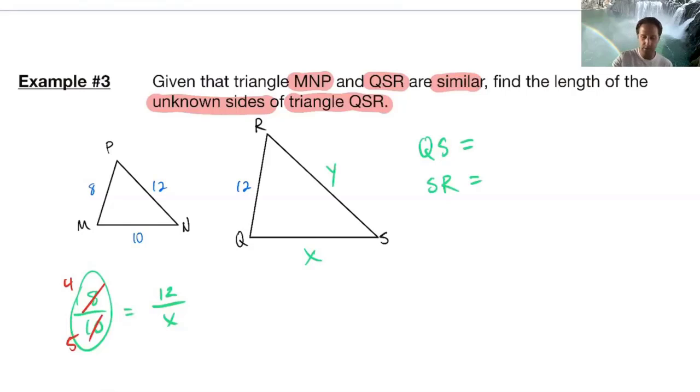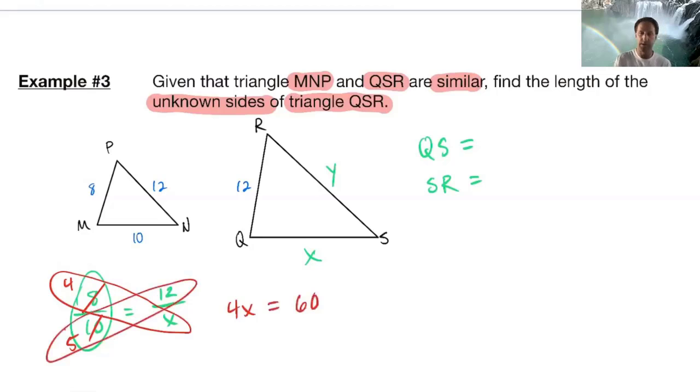So there's a couple different ways to do this. Most people will just not think and do it this way and say 4 times x is 4x. And then 5 times 12 is 60. And so your last step there would obviously be to divide, to undo the multiplying, to get that to be a 1x.